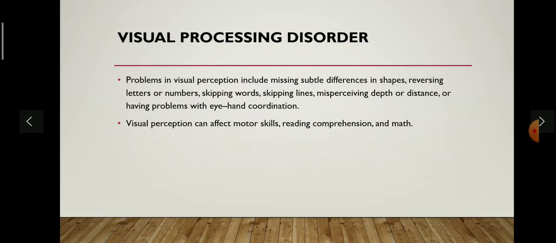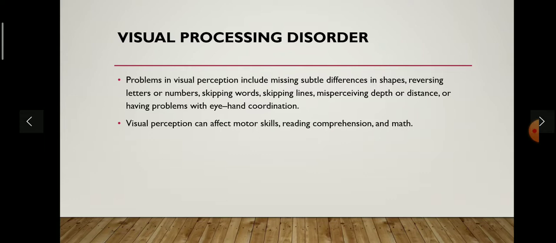Visual processing disorder: problems in visual perception, including missing subtle differences in shapes, reversing letters or numbers, skipping words, like 25, the student wrote it 52. So this is reversing letters or numbers, skipping words.